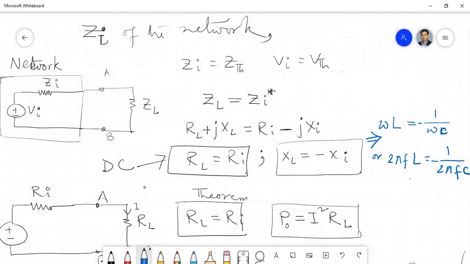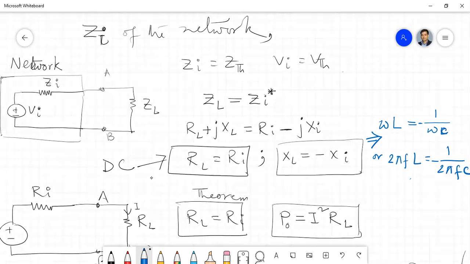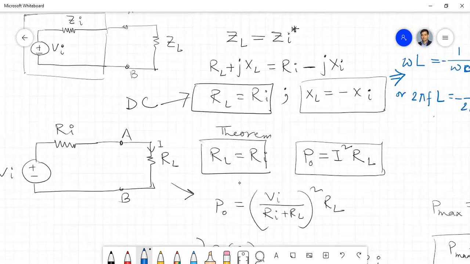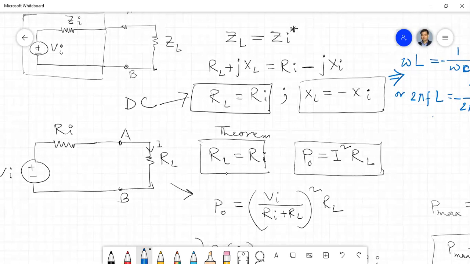Correct, because there is no imaginary part, no question of equating the reactance part, because it's a purely resistive circuit. As I am discussing the DC circuit, for DC circuit this is valid. So you can apply this expression RL equals RI for DC circuit.